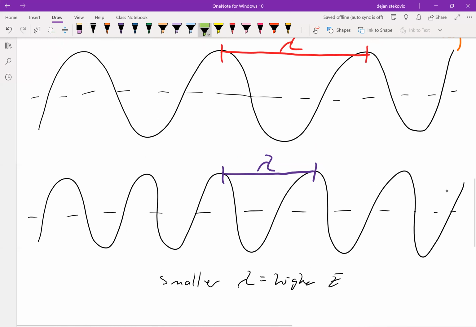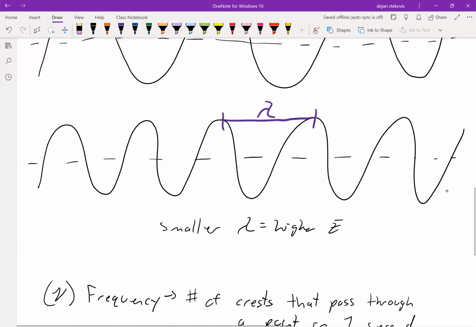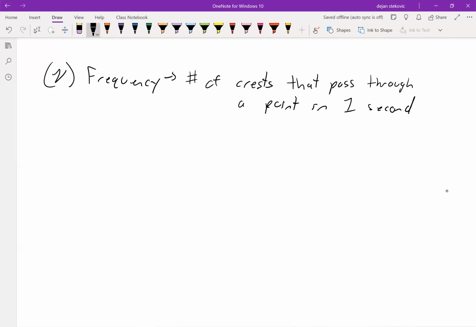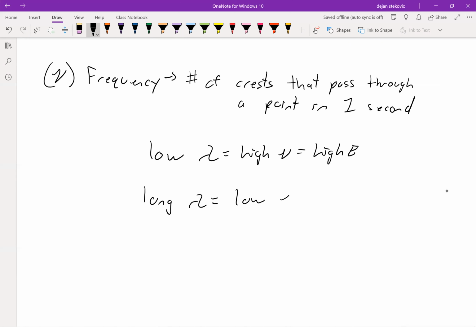It's going to be inversely proportional to the wavelength. With short wavelengths, you're going to get a lot of peaks hitting you in 1 second. Long wavelengths are longer, so you're going to get fewer of them hitting you per second. So here's the relationship. A short wavelength means a high frequency, and thus a high energy. And then the opposite: a long wavelength will be a low frequency and will equal low energy light.